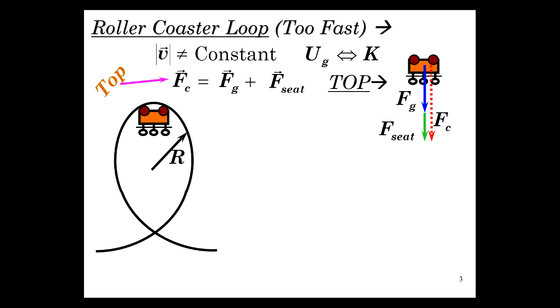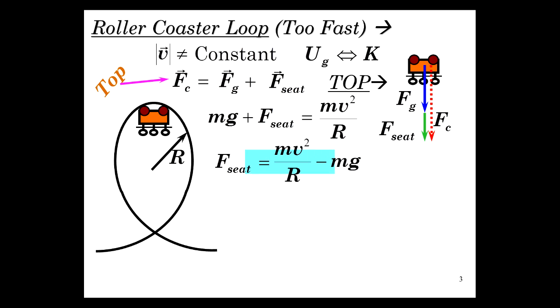Now, the addition of those two is the centripetal force, because centripetal is toward the center, and both of those are toward the center. So you have mg plus F seat is mv squared over r. And so you can solve for the F seat, which is really what you're interested in, being the rider. That's what you experience.